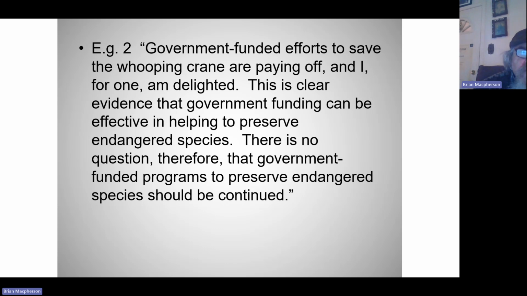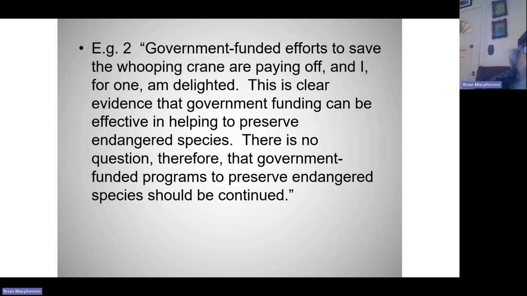By the way, notice this statement here, and I, for one, am delighted. Okay, so that's fine. It's okay, but it doesn't play any role in the argumentation in the passage. It is kind of an aside. I'm just saying, well, by the way, I'm delighted that these efforts are paying off, right? Because a lot of people are, of course, very much in favor of species conservation, right?